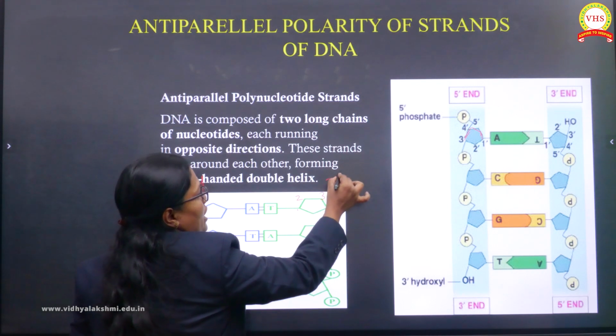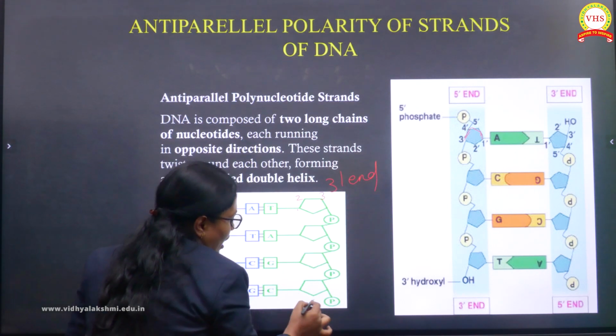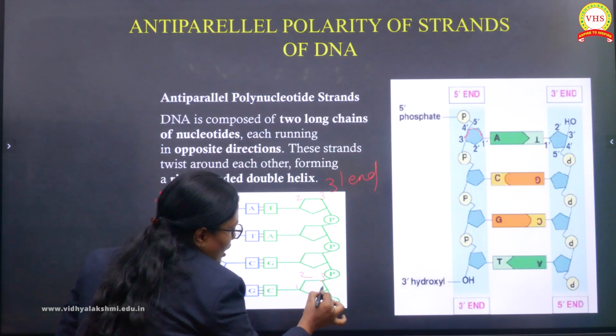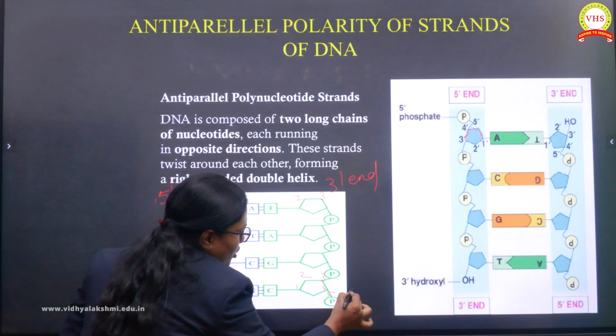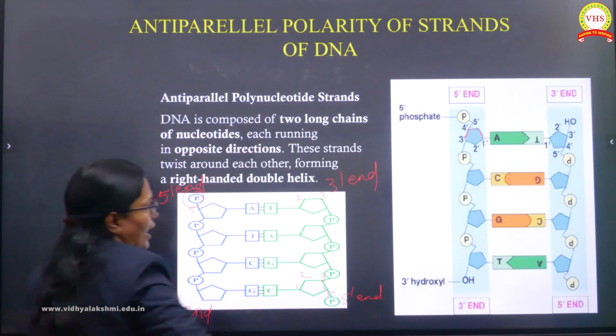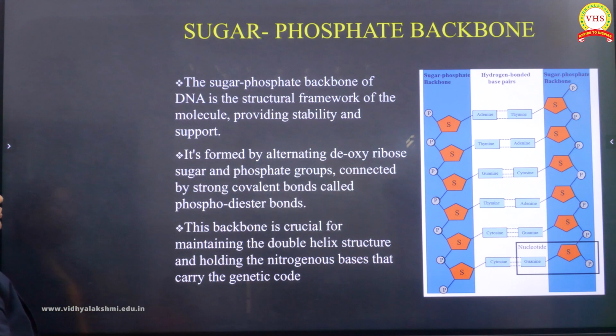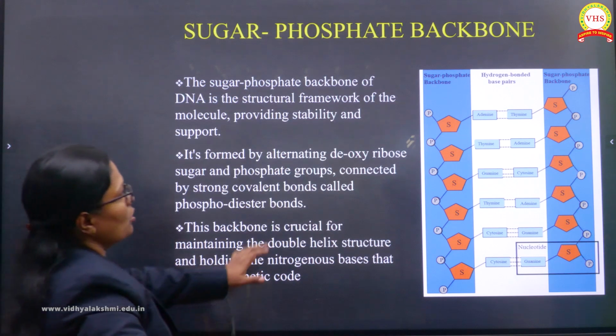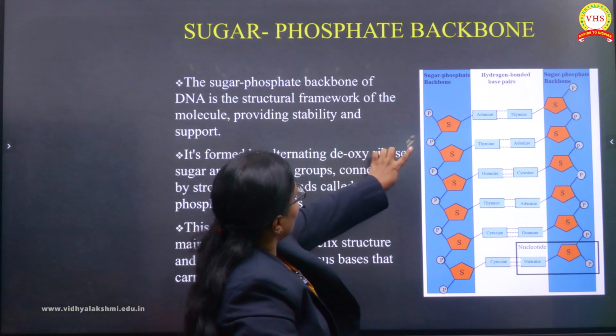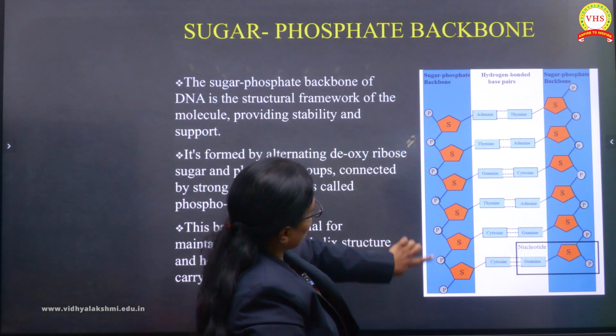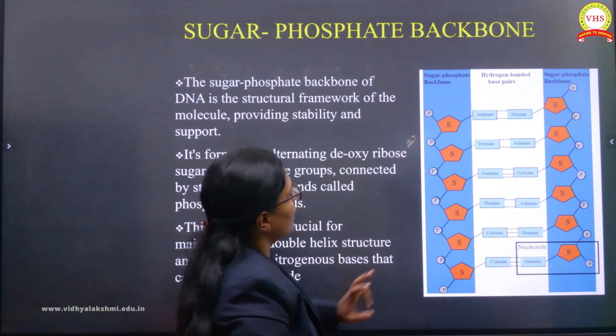So you say this is the 3 prime end, and 1, 2, 3, 4, 5, so you say this is the 5 prime end. And next, the sugar-phosphate backbone. Whatever we learned here, the sugar and phosphate make the poles of the ladder.